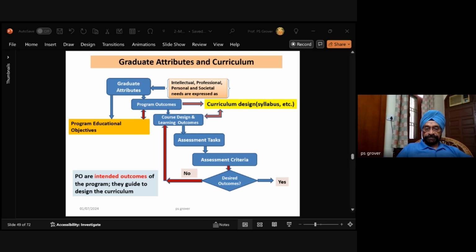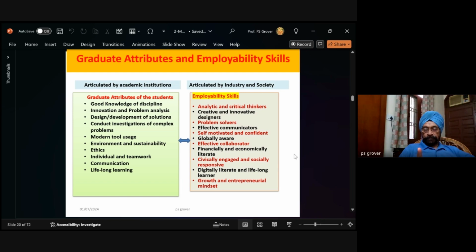Now, in that case, those requirements of society, we express them as good knowledge, good human being, ethics, sustainability. जो मैंने आपको दिया था ना एक slide, I showed you one slide. Employability skills, industry wants problem solver. ये क्लास में कैसे पढ़ाएंगे?